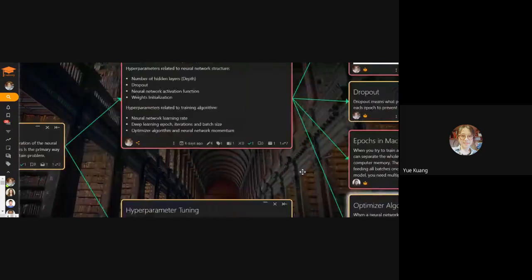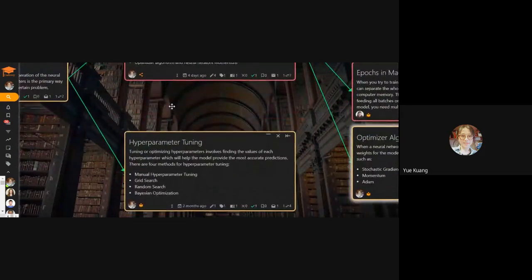At the moment, I haven't added notes to explain each of these optimizer algorithms, and I think more notes can be added for these optimizer algorithms in the future. So we'll just move on to the hyperparameter tuning.